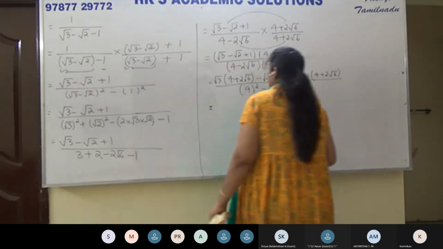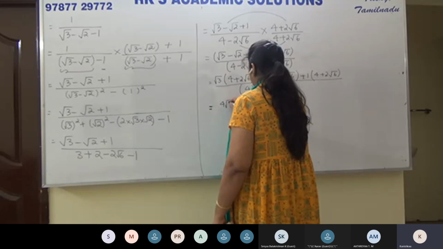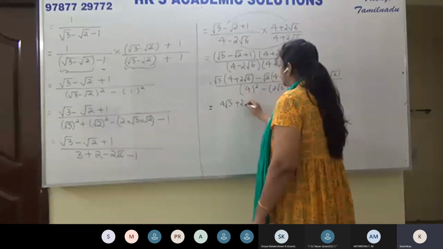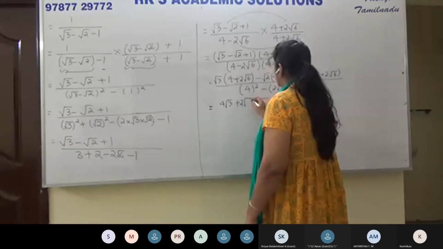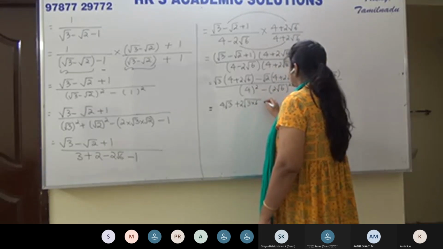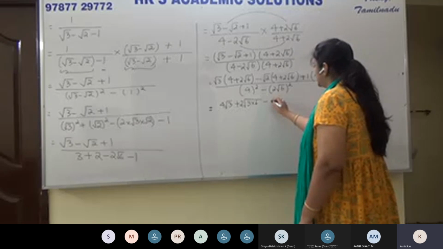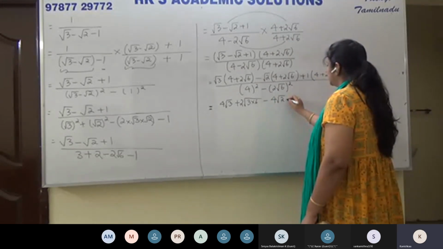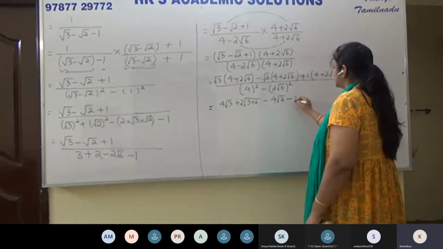Ma'am, 4 root 3 plus 2 root 18. No, let's not write 18, let's just write this 3 into 6. Then minus 4 root 2, then minus 2 root 12.